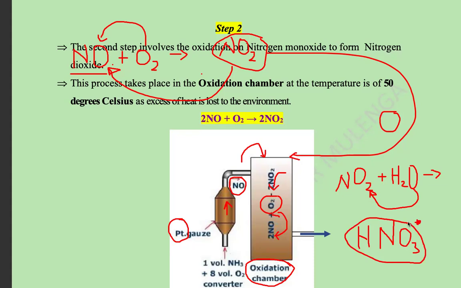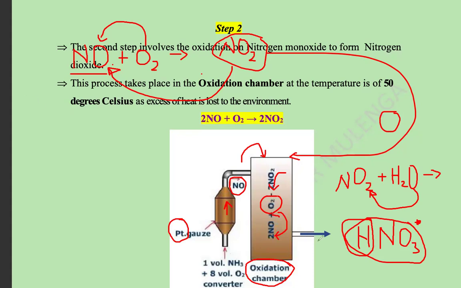So because the radical that you're going to have there is a nitrate whose valence is 1, this type of acid is going to be a monoprotic acid. Only one hydrogen is going to be present in here. So this is what actually happens in the third and last step.